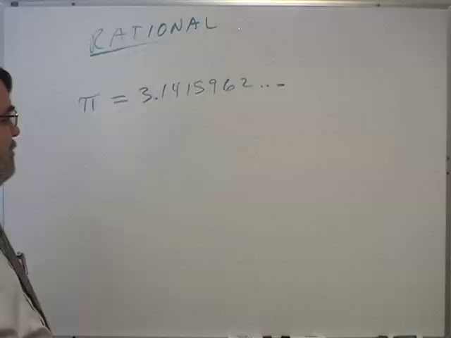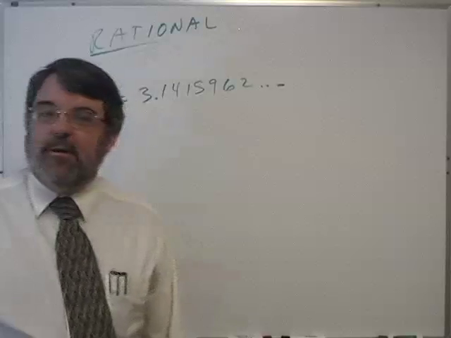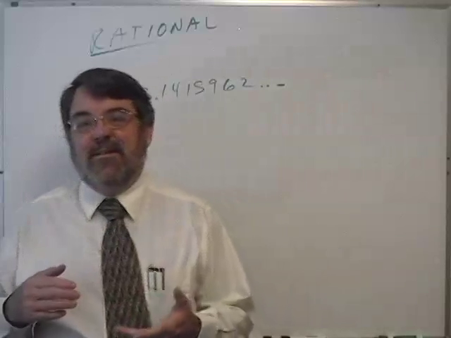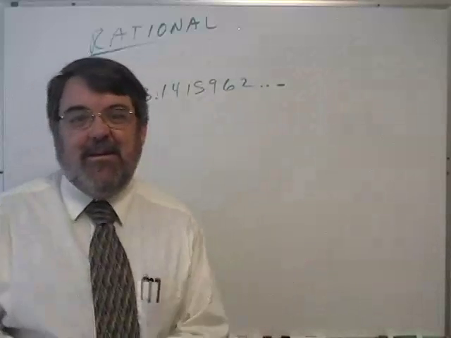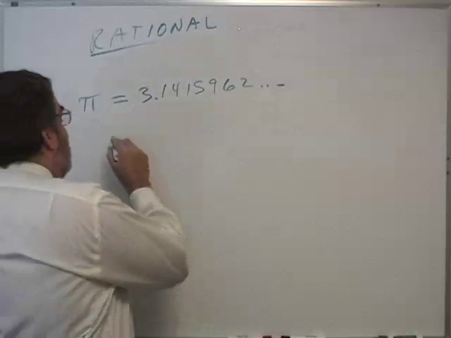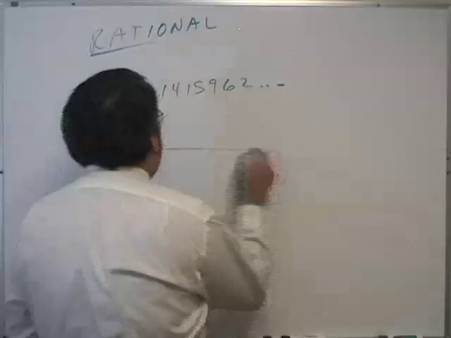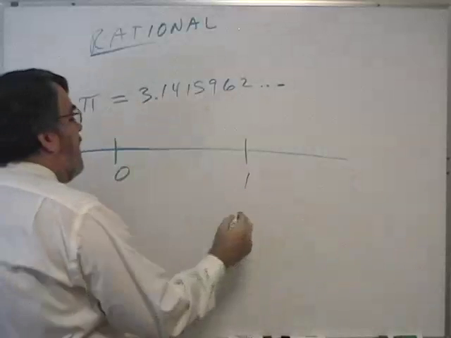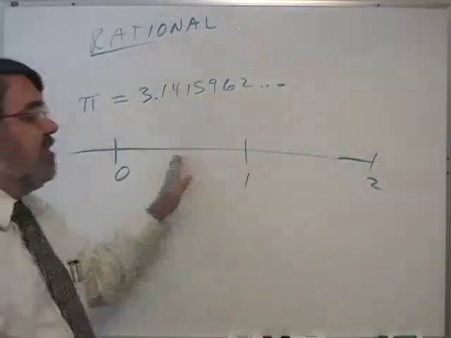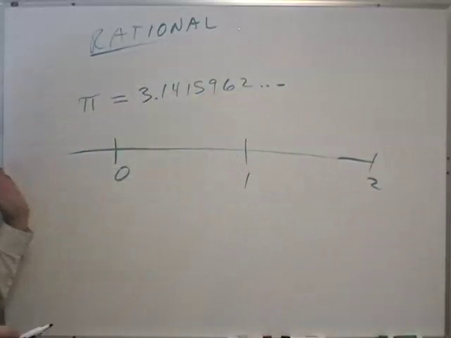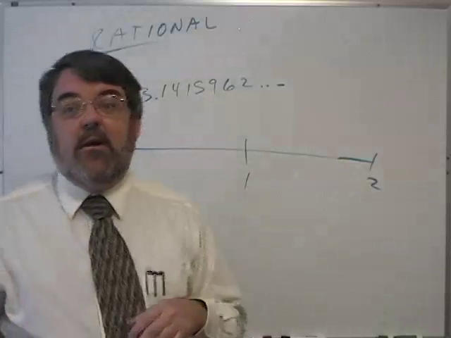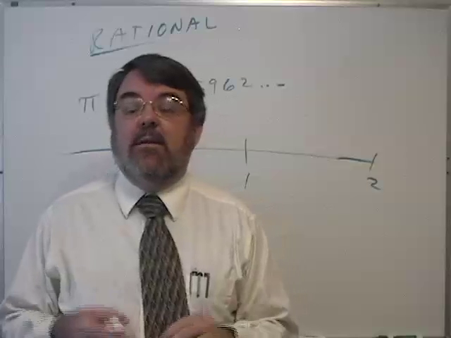There are far more irrational numbers than rational numbers. And in fact, if you took a number line and threw a dart at it, if the number line represents a continuum of numbers with no breaks in them, there's a 100% chance that you're going to hit an irrational number.